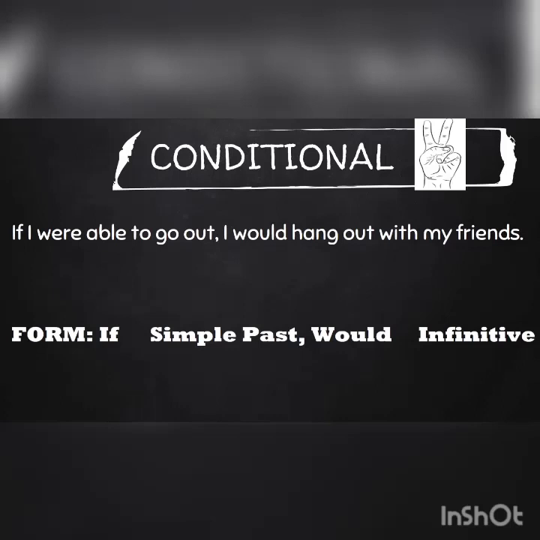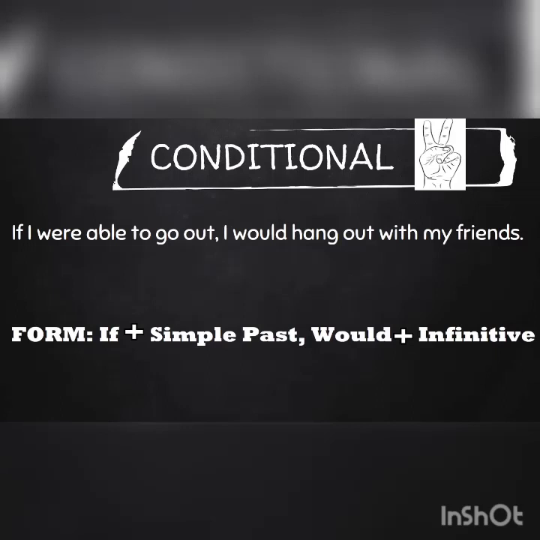So, here is the structure for conditional type 2. If plus simple past. If I were able to go out, were is the simple past of the verb to be. Plus would plus the bare infinitive, which is the verb without to. I would hang out with my friends.